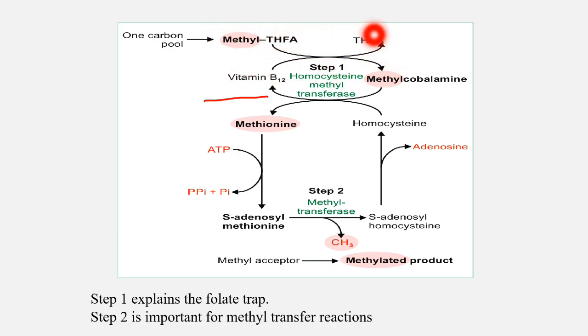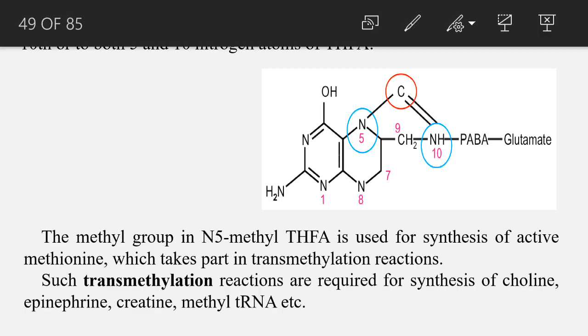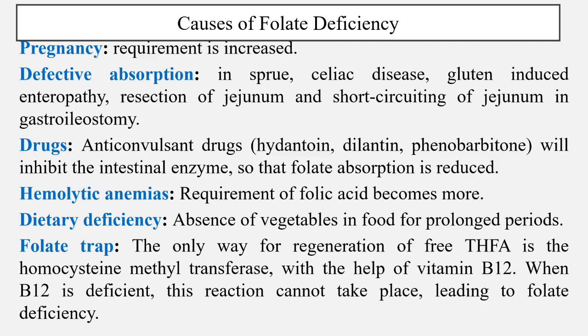The conversion of methyl tetrahydrofolic acid back to free tetrahydrofolic acid takes place with B12. In B12 deficiency this reaction cannot take place, so free tetrahydrofolic acid will not be generated. The tetrahydrofolic acid will be trapped as methyl tetrahydrofolic acid. This is called the folate trap.